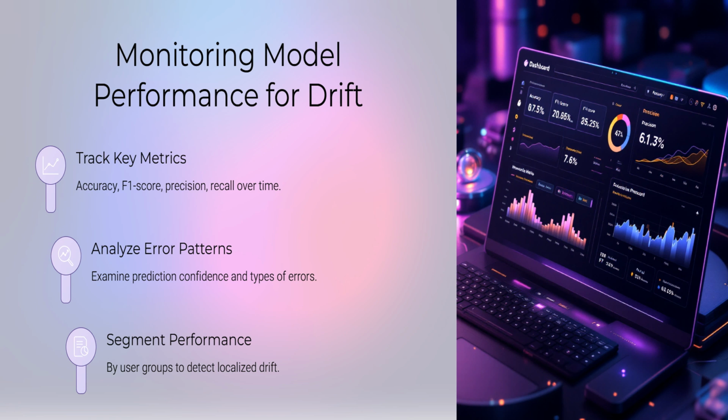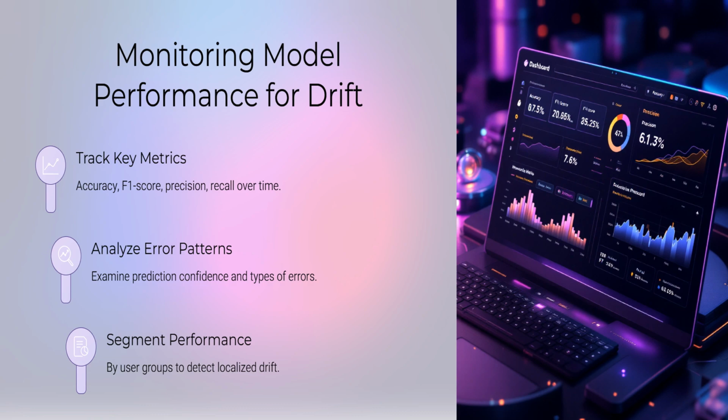Monitoring model performance for drift. This slide focuses on the importance of directly tracking the model's performance metrics as a primary indicator of drift. It recommends three practices. Track key metrics: continuously monitor standard performance metrics like accuracy, F1 score, precision, and recall over time for any downward trends.